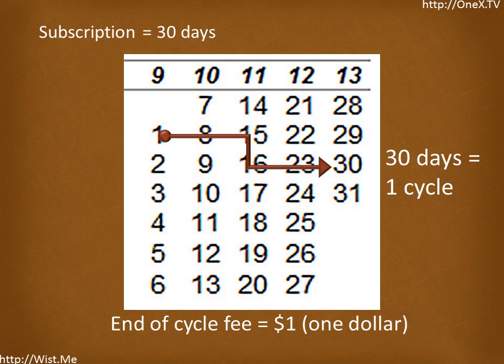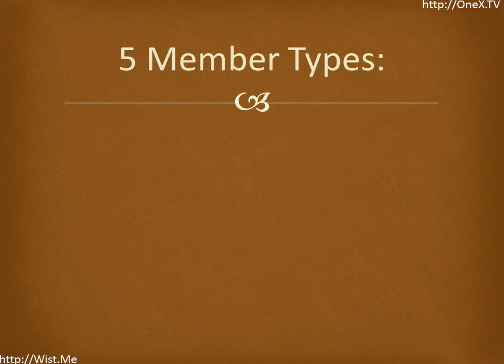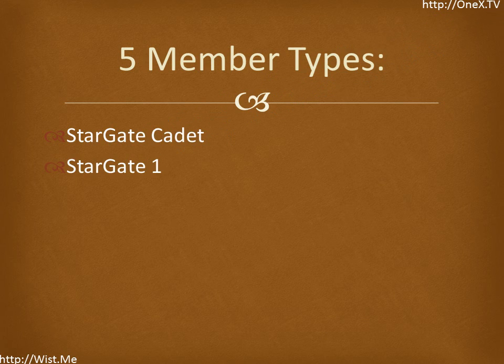There are 5 member types in QLxChange. The first one is the Stargate Cadet. I already told you, when you enter QLxChange, automatically you are a Stargate Cadet. Then the next member type is Stargate 1, and after Stargate 1 you get Stargate 2, Stargate 3, and Stargate 4.